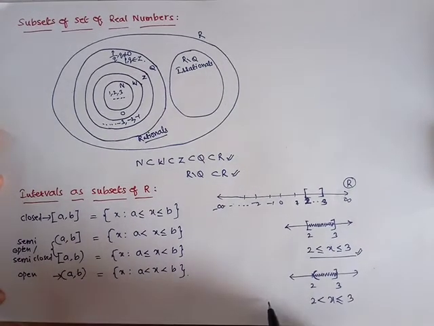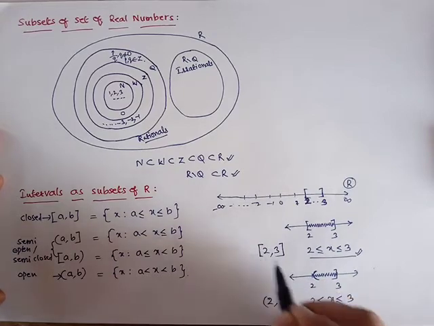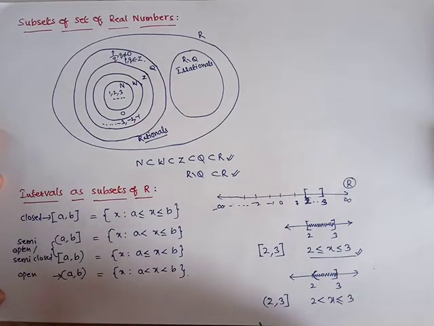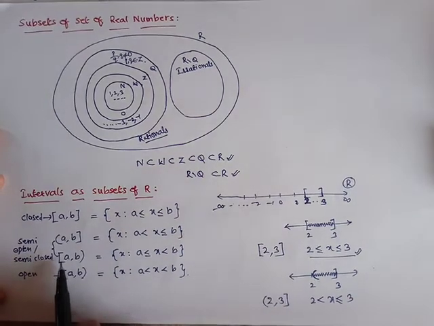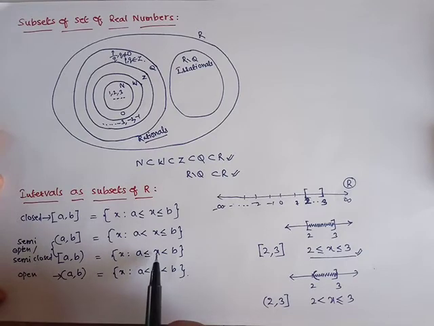So this can be taken as (2, 3], 2 is open, 3 is closed. And in this case [2, 3], 2 is closed and 3 is also closed. And [a, b): a is included, a ≤ x, but b is not included.